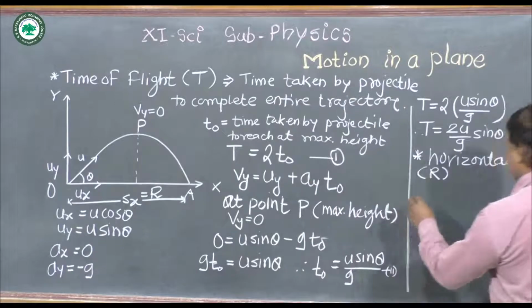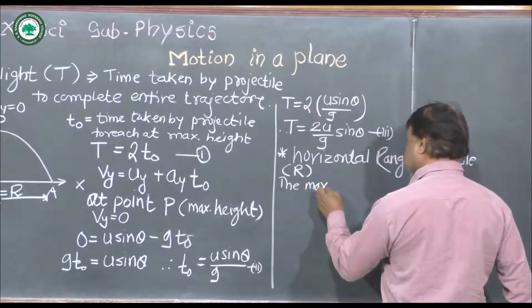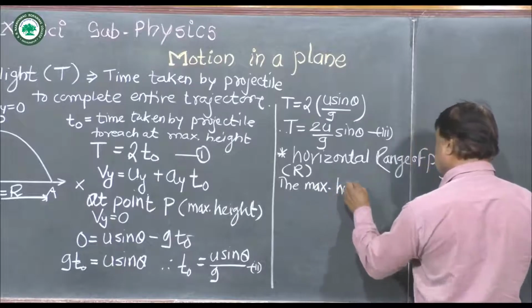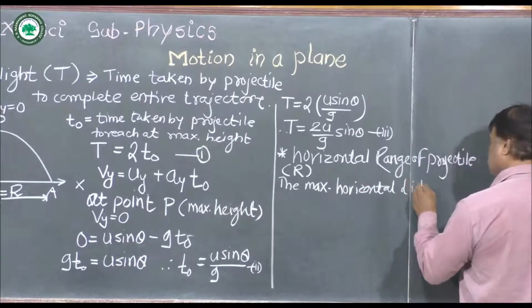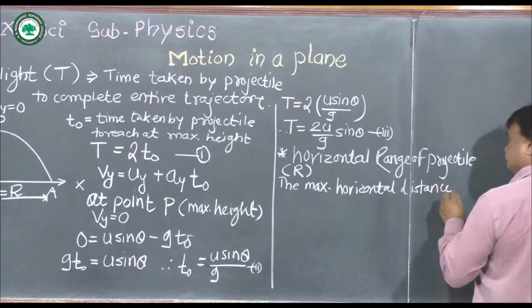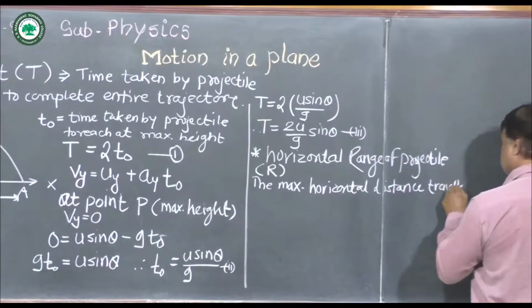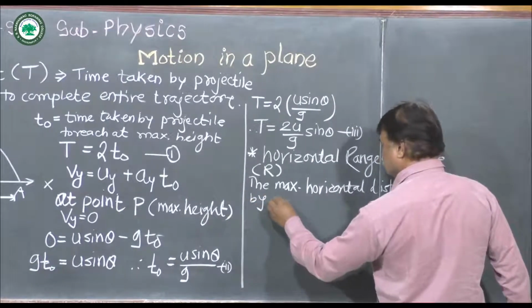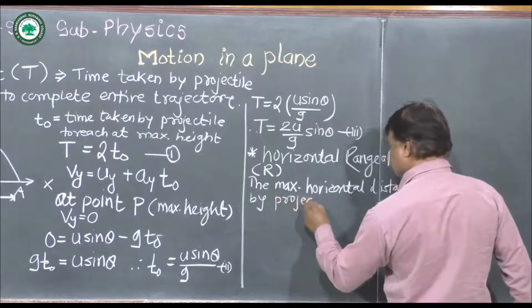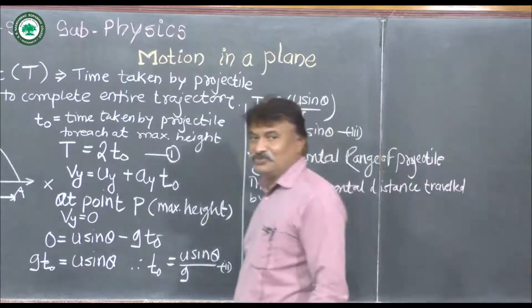The maximum horizontal distance traveled by a projectile is called the horizontal range of projectile.